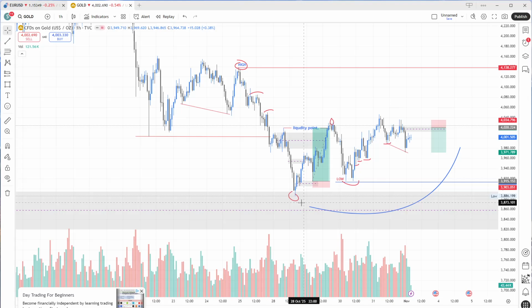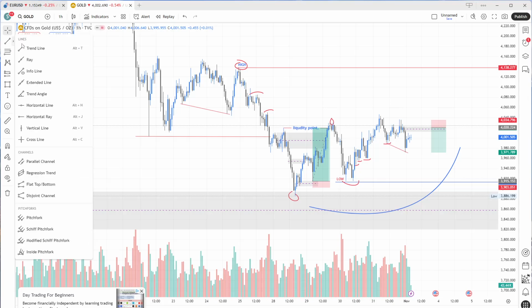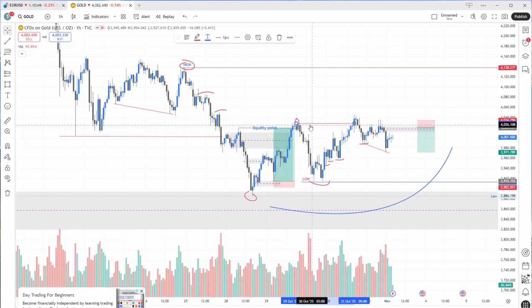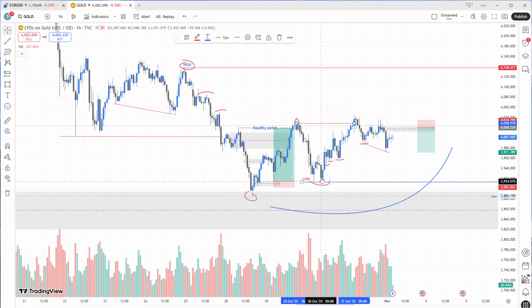So it's all about finding places where we can come in for an entry and finding our target, right? If we can assume our target, again, even up here, this is going to be our target. When price fails to go lower because we have lower lows, then we just continue for that full-on move.